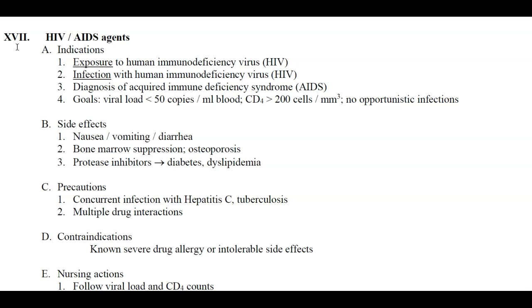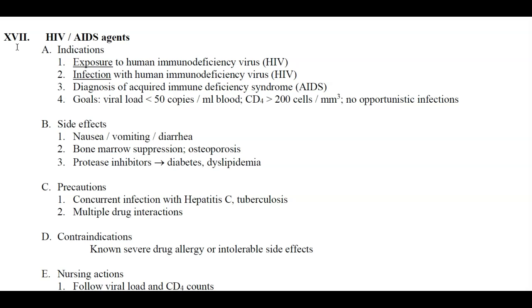This is the amount of HIV in the blood, the number of copies of HIV RNA in a milliliter of blood. The goal for CD4, the cluster of differentiation for glycoprotein found on the surface of immune cells such as T helper cells, monocytes, macrophages, and dendritic cells, is greater than 200. And in addition, the patient should not have any opportunistic infection.